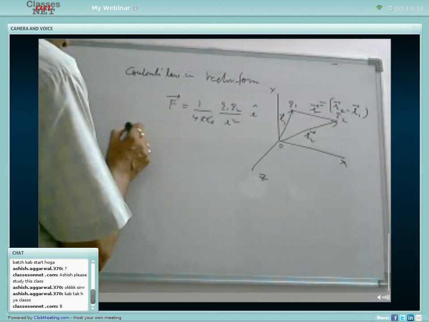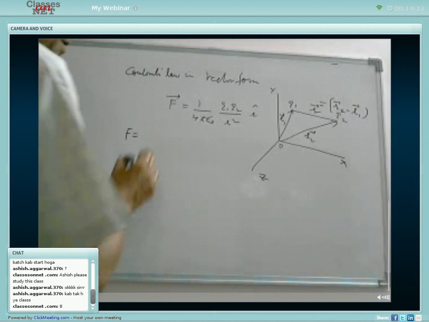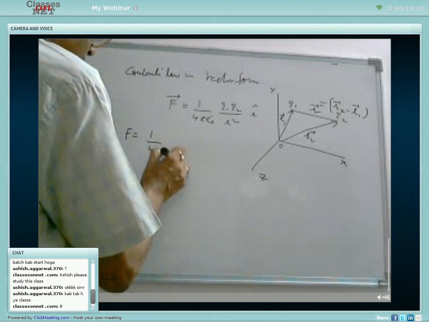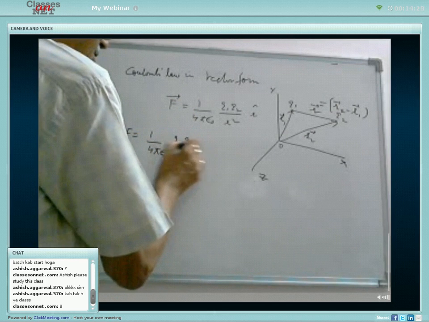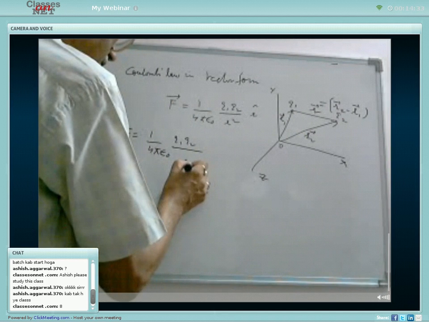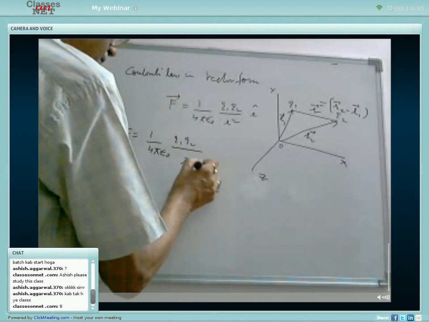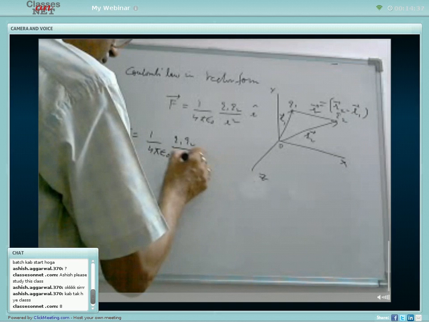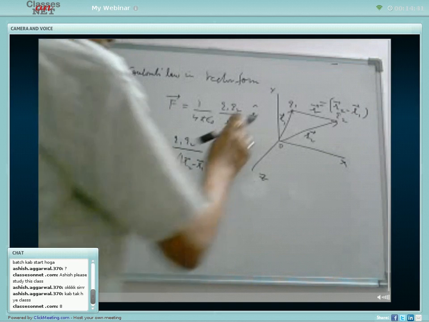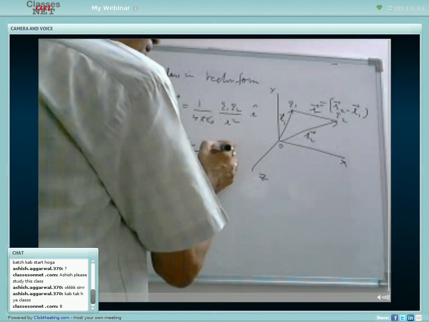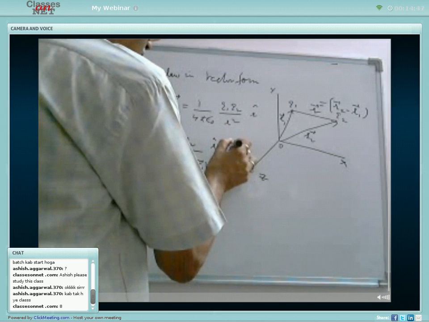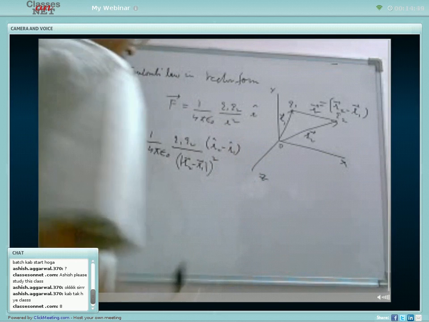So we can write Coulomb's law in terms of position vectors as one by 4 pi epsilon 0, Q1 Q2, by the square of the magnitude of r2 minus r1, times the unit vector along r2 minus r1.